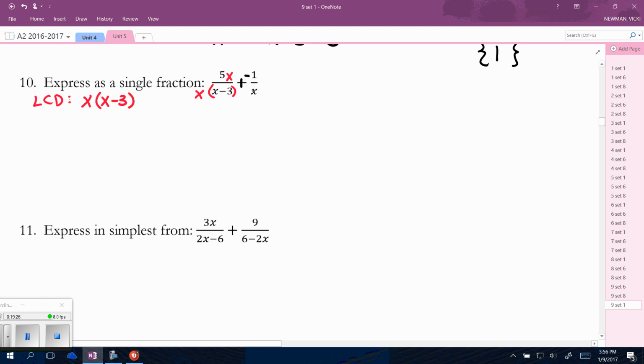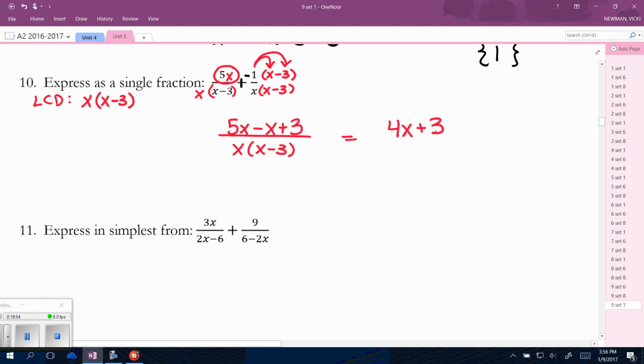The negative 1 over x needs an x minus 3 in the bottom, so it needs an x minus 3 in the top. So now they should have a common denominator of x times (x minus 3). On the top, we have 5x minus x plus 3. Simplify that to be 4x plus 3 over x times (x minus 3). Okay?